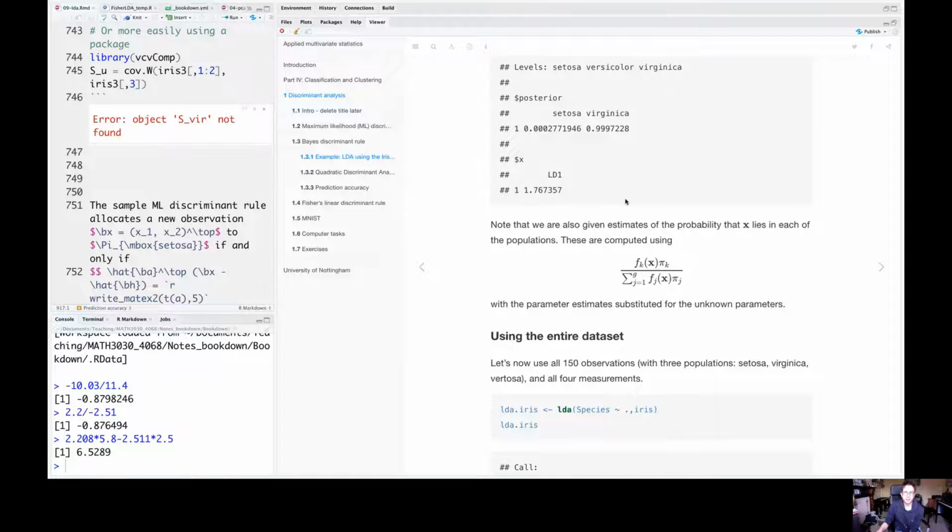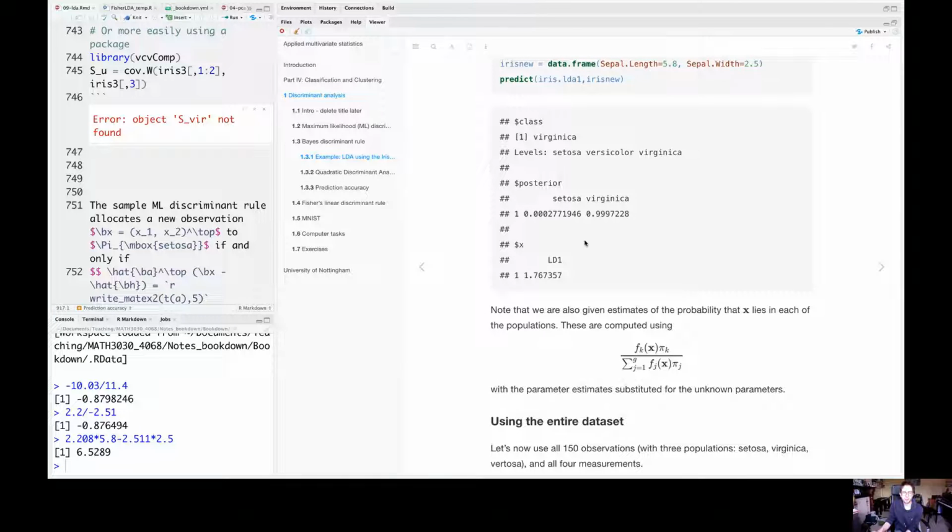Okay, and they also give posterior probabilities for the iris belonging to each of these two classes. So we get a probability that the new iris is setosa and a probability it's Virginica. And the way these are computed is, again, using Bayes theorem.